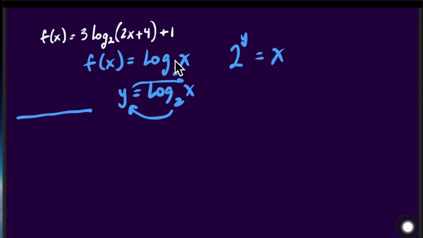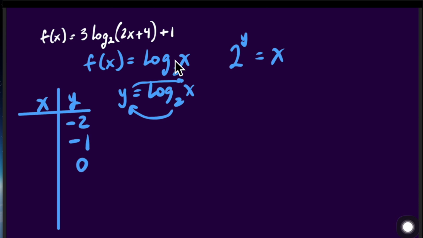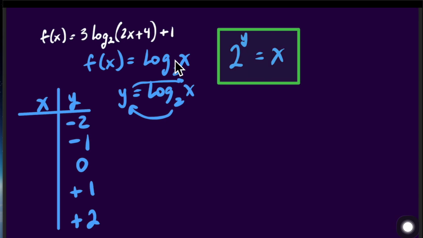So as in the most recent example, we're going to actually choose an array of y values that span over the negative portion of the graph as well as the positive portion of the graph. And then we're going to use this equation to find our respective x values.